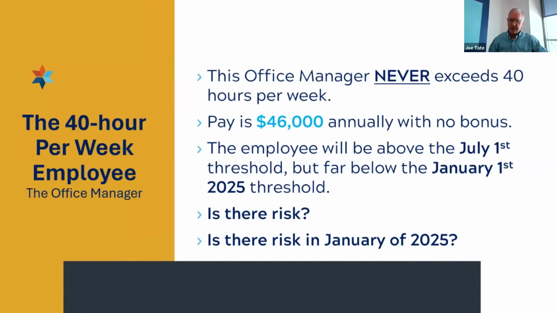So this employee, as of July 1st, will still be over the threshold, and it's not going to be an issue, but they'll be far below that January 1st threshold. So two questions. This summer, is there risk? No, this summer there would be no risk, and I wouldn't change this person. I would keep them as a salaried and exempt employee. And I would also argue that in January of 2025, there's no risk there either.